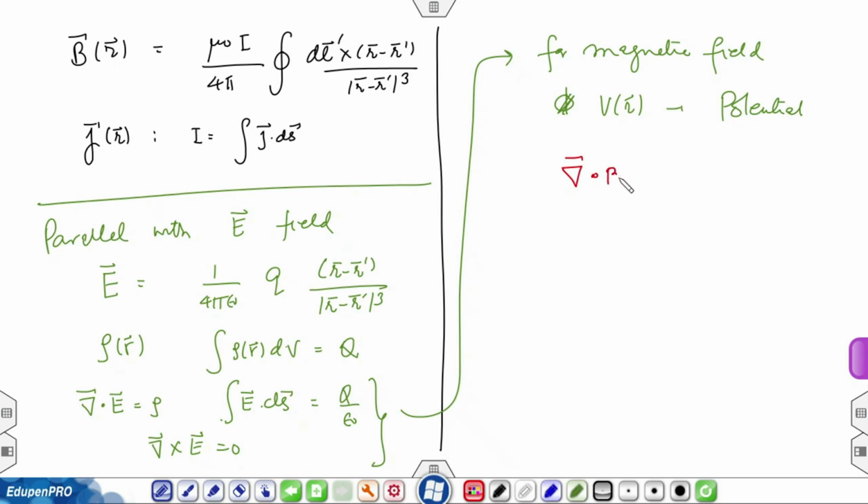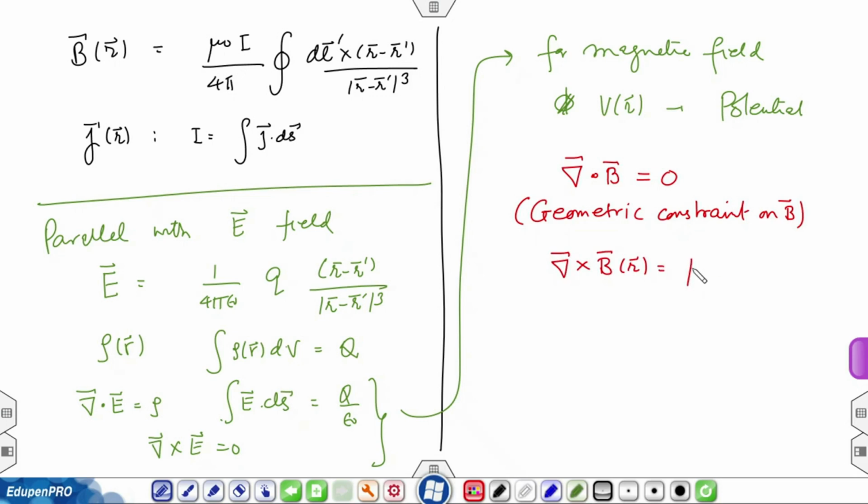Divergence of B is going to be 0 always. So, this is a geometric constraint on B. Curl of B at a given point is going to be mu naught times J(r) at that point.